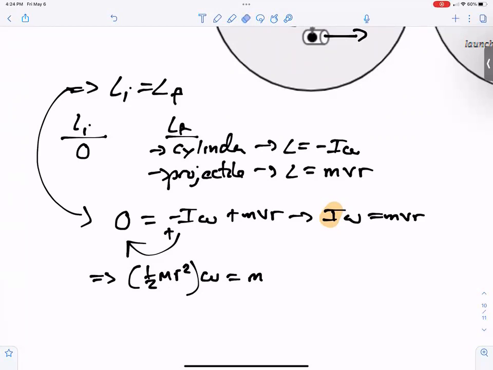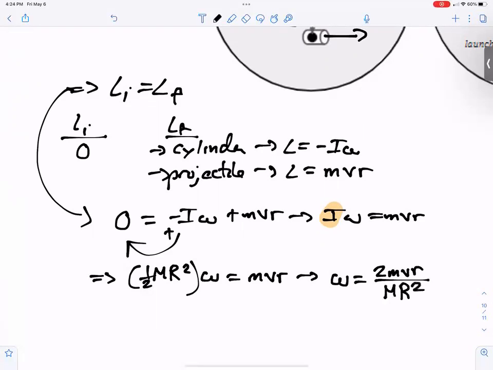So let's make sure we differentiate this. This is big M. So 1/2 big M, R squared. And then this is m times v times little r. If we go ahead and solve for omega, you have to multiply by 2, divide by big M R squared. And omega would be 2 little m, little v, little r, divided by M R squared.